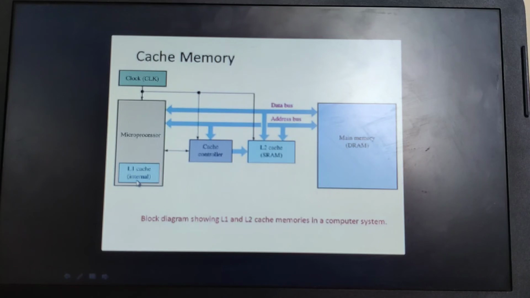The cache memory is roughly twice as fast as the random access memory, so the data speed with the cache is twice as fast compared to the main memory.